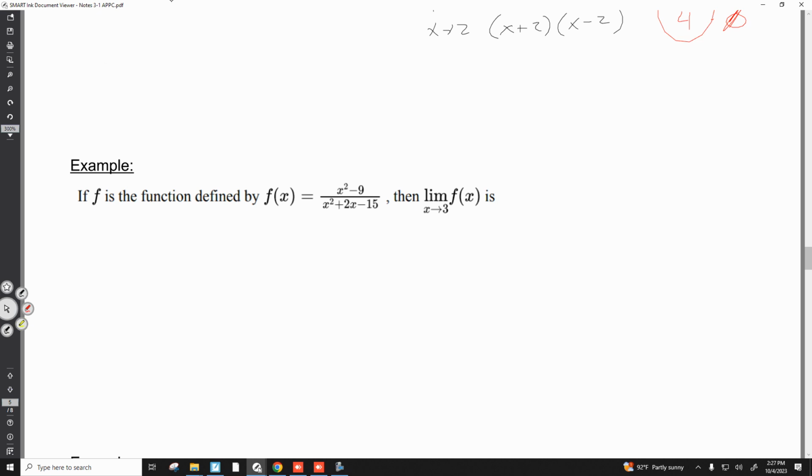An all-encompassing example. Please do the following for me. Identify the zeros, the holes, the asymptotes, and if you have a hole, tell me its location using limit notation. I want locations of zeros, locations of holes, locations of asymptotes, and if it's a hole, tell me its location.